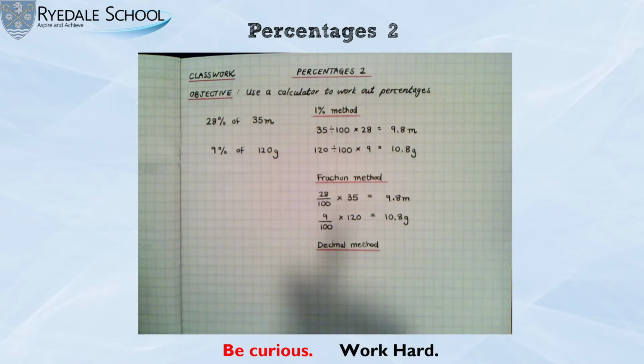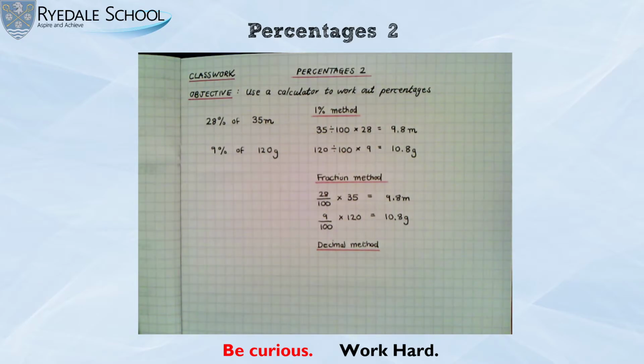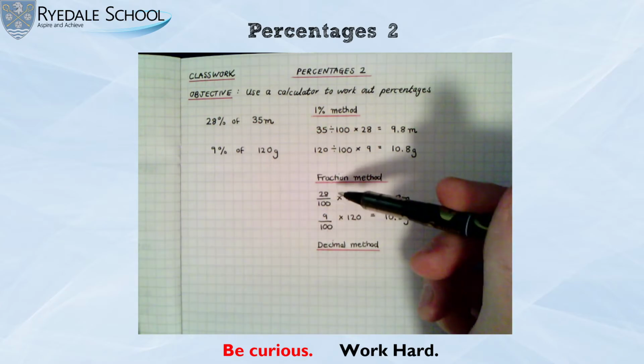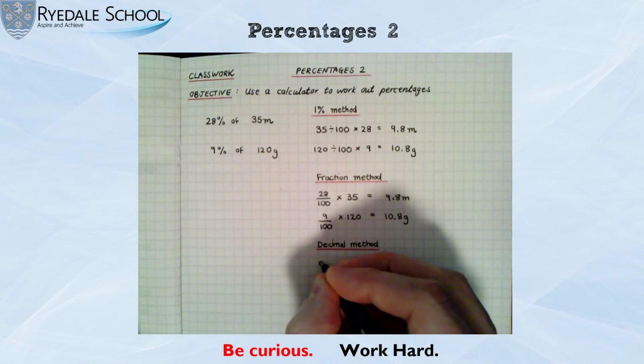Now, you might be aware that percentages, fractions, decimals all have an equivalence. Okay, you might have known that 28% was 28 over 100, but 28 over 100, 28 divided by 100 can also be written as a decimal, and that decimal is 0.28.